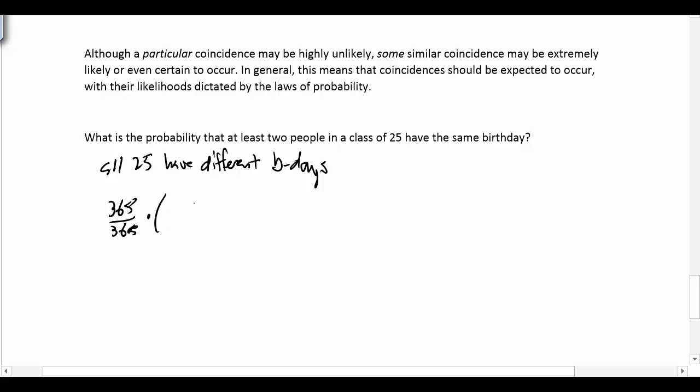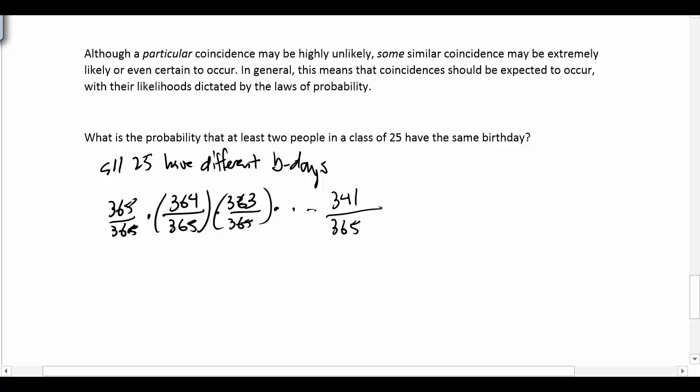That means the next student can have any day they want except for the one that the first one had. And the next student can have any birthday they want except for the other 2 that have been used up. So you get this idea that we're going to go all the way down until we get 25 students later, which is 341.